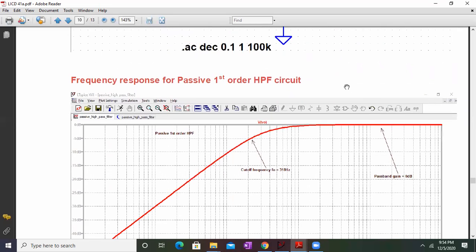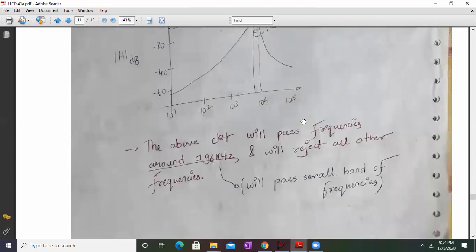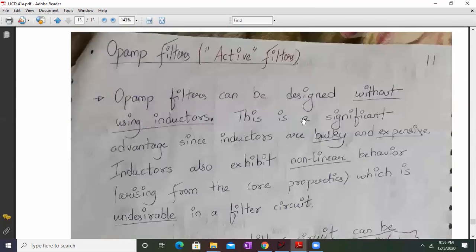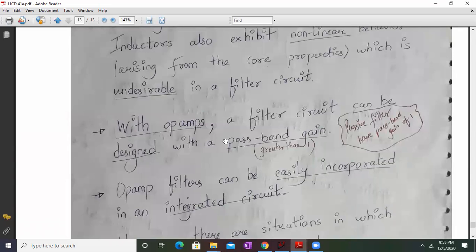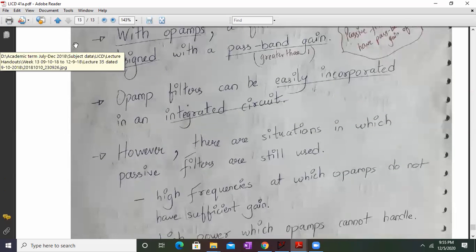Whereas in the case of op-amp filters, we can have a passband gain greater than 1 also. So a passive filter will have a passband gain strictly of 1, but an active filter can have a passband gain greater than 1. And op-amp filters can be easily incorporated in integrated circuits because they don't contain an inductor.